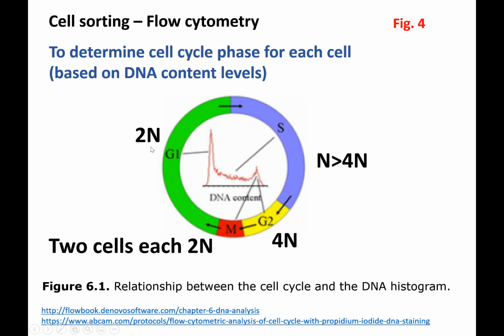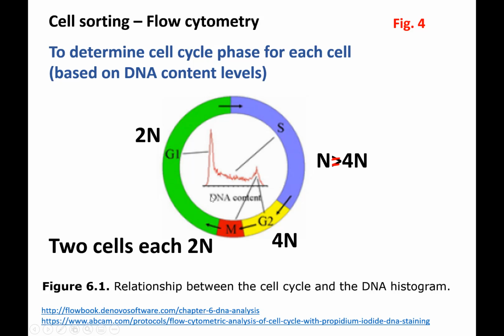So you're a 2N diploid organism. In S phase, you're 4N. You've duplicated your chromosomes. And then after you undergo mitosis, you now have 2N cells again.